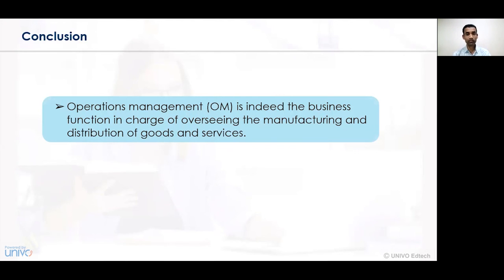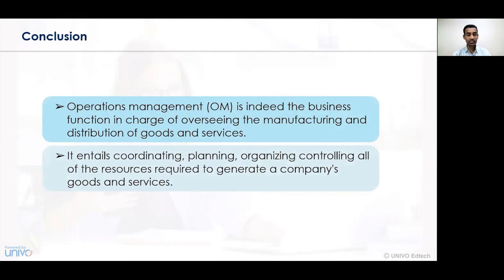Whatever we are trying to manufacture or produce should be produced in a well organized way, and accordingly a sequence of activities needs to be planned. That sequence of activities should always be in alignment with the short-term and long-term goals and the strategic objectives of the firm.